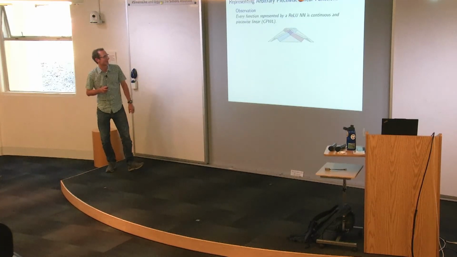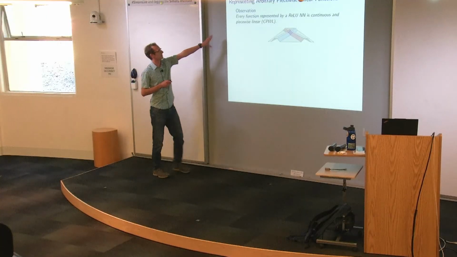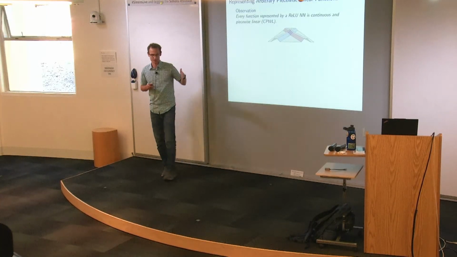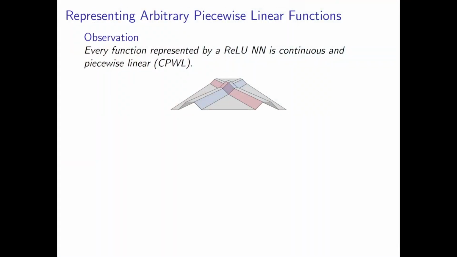In general, a ReLU neural network, every neuron computes something continuous and piecewise linear, right? Just because the ReLU is continuous piecewise linear, and linear transformations are trivially continuous and piecewise linear. So if we compose these, it stays continuous and piecewise linear. What does it mean in multiple dimensions?